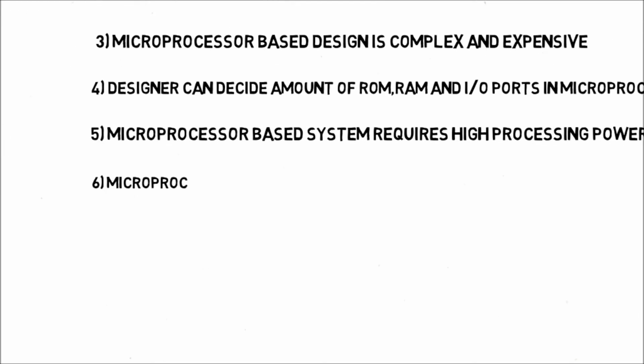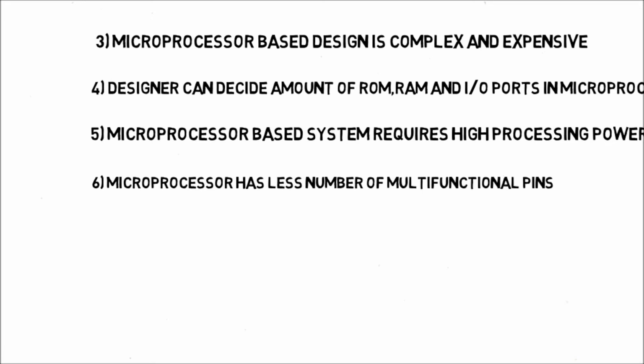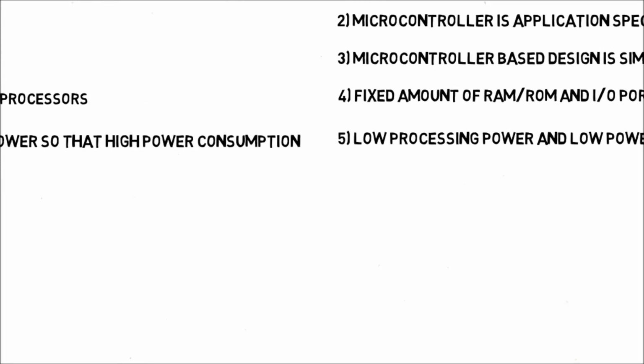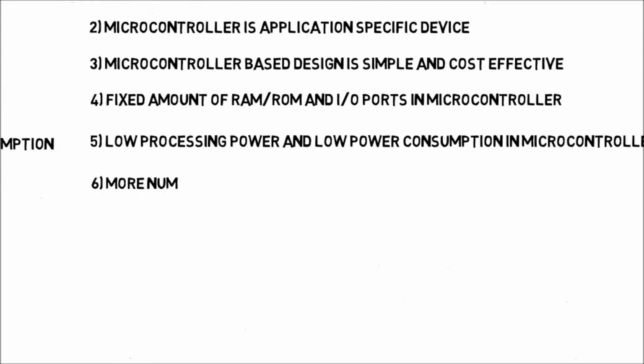Look at point 6. Microprocessor has fewer multifunctional pins. Looking at the processor, if you consider a 40-pin IC, the majority of the pins have only a single function in a microprocessor, whereas a microcontroller has a lot of multifunctional pins.